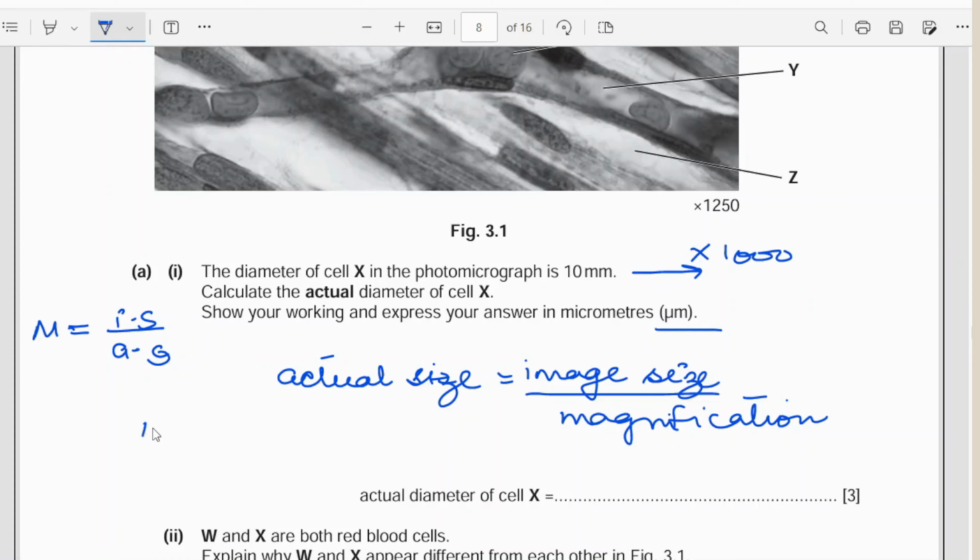So it would be 10,000 divided by 1250, as we need to give the working. What would be your answer? 8 micrometer. You have to mention the unit as well.